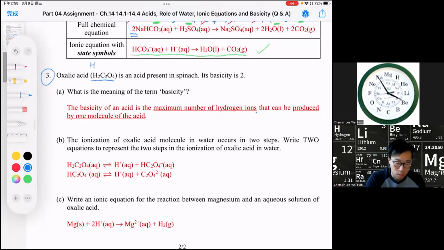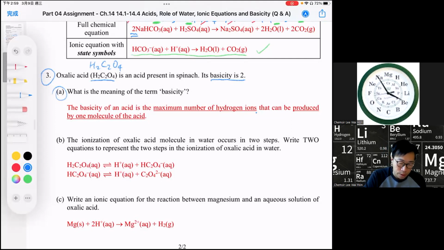Oxalic acid, H2C2O4 being the chemical formula, and you are already given the information that its basicity is 2, meaning that it is a dibasic acid. So the first part of the question is a very important definition for the term basicity. It is the maximum number of hydrogen ions that can be produced by one molecule of the acid.